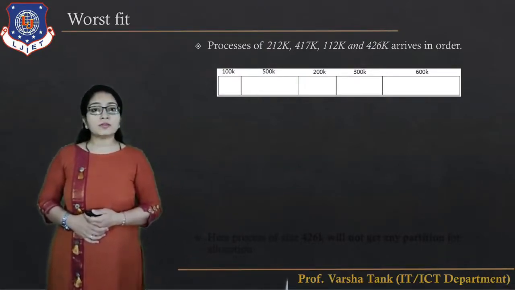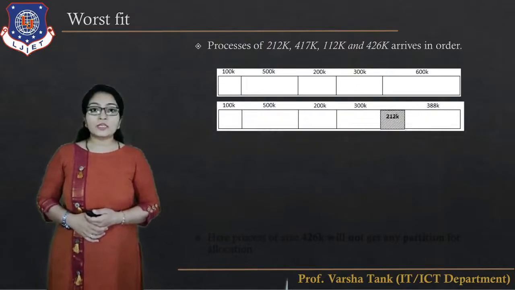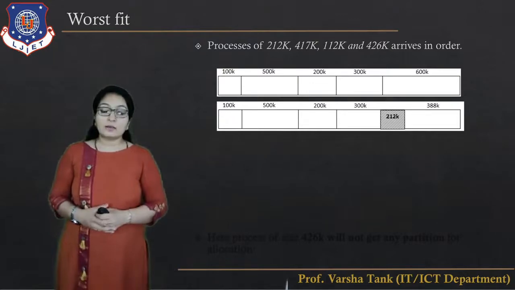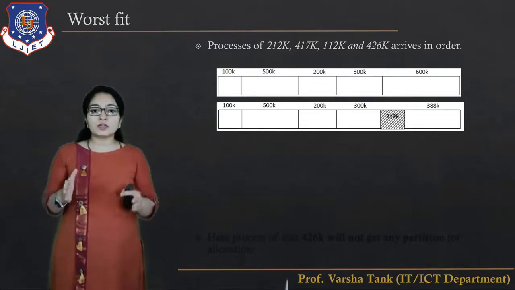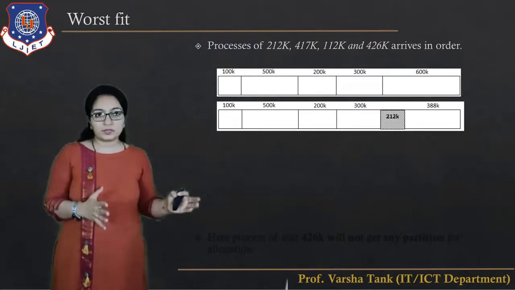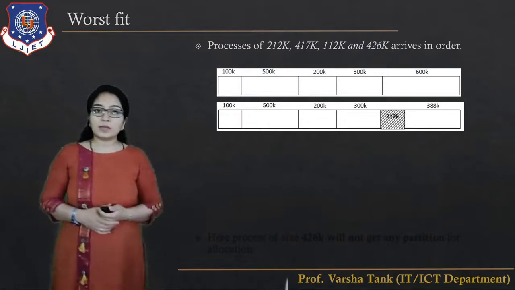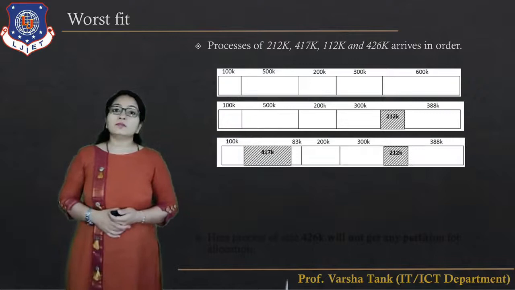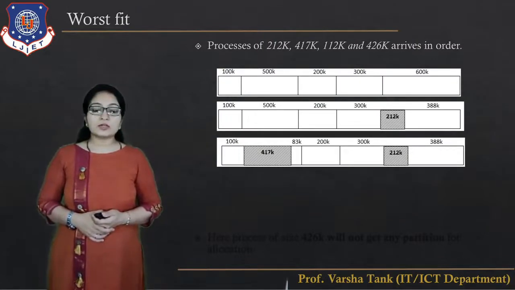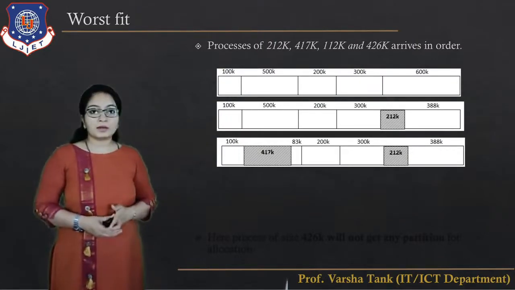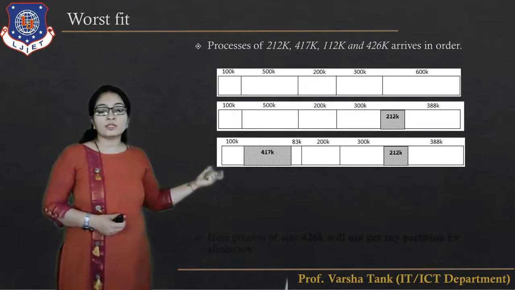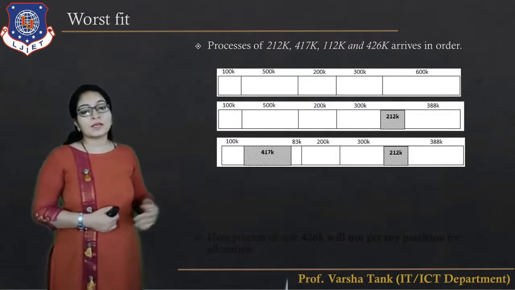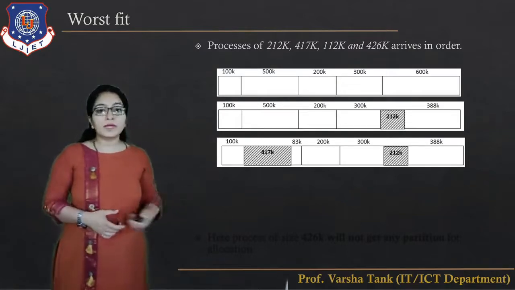Let's see what will happen. First we have the process 212K. That will be allocated to the 600K partition because every time it will search for the biggest partition. After that comes 417K. The 417K process will be allocated to the 500K partition.